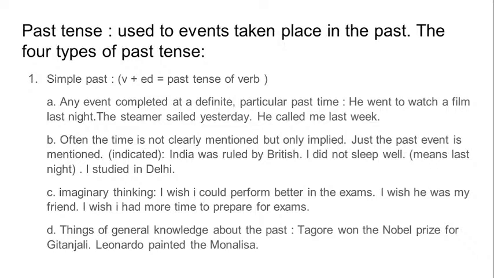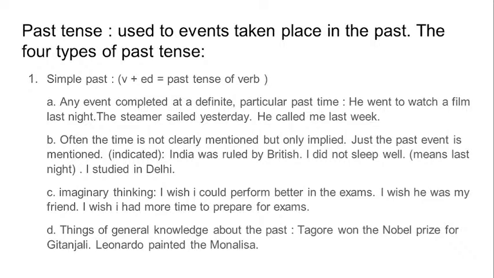So any event which happened in the past, and in the sentence you can see that the timing is given. The past time timing is particularly mentioned, so that will be a simple past tense, right?